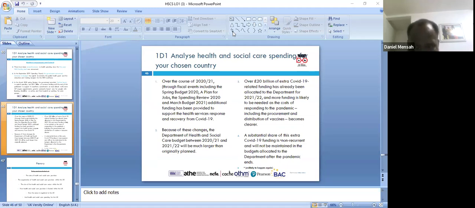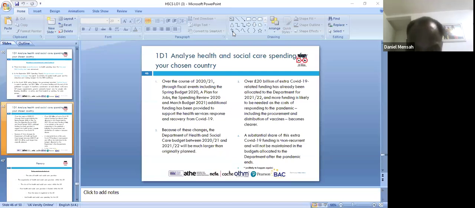So in analyzing that, I've clearly stated that there was a massive increase in 2021 through fiscal events, including the spring budget 2020, a plan for jobs, spending review 2020, and the March budget 2021. Additional funding has been provided to support the health service response and recovery from COVID-19.